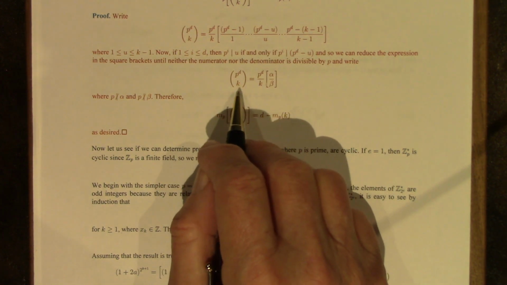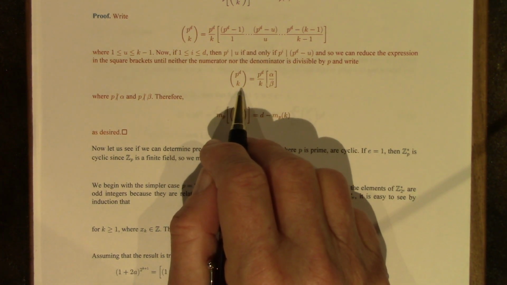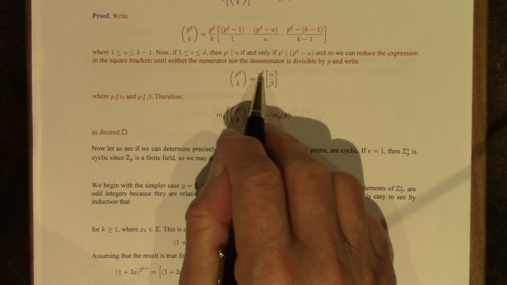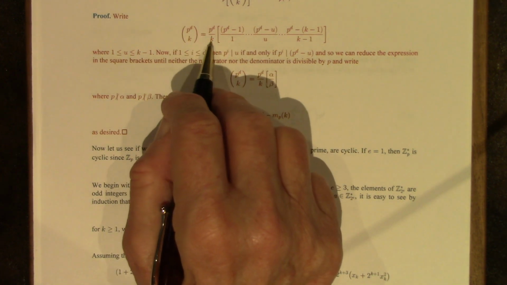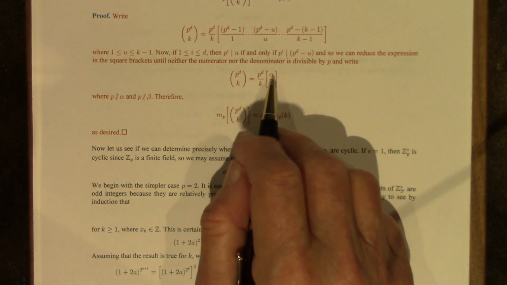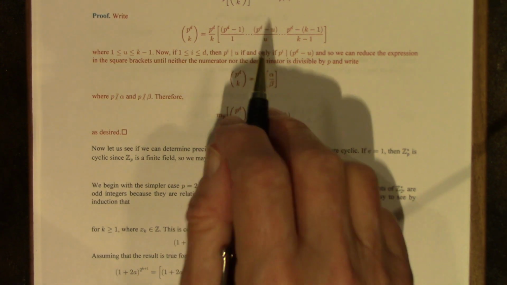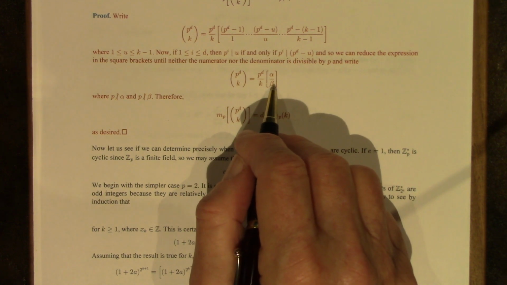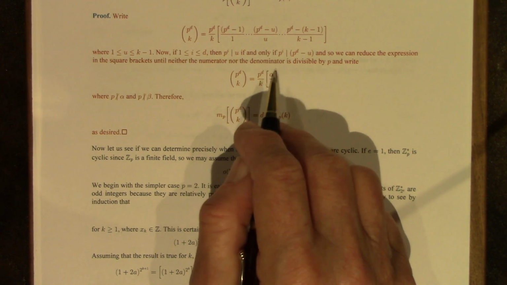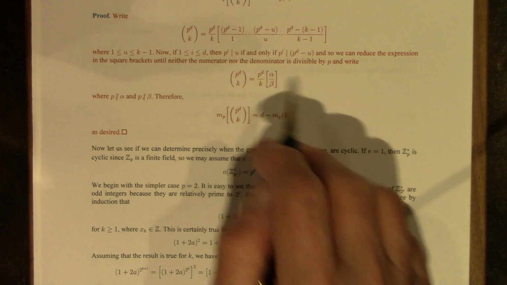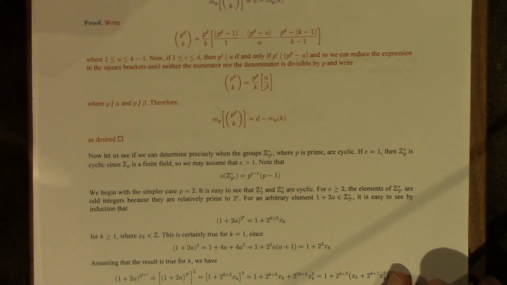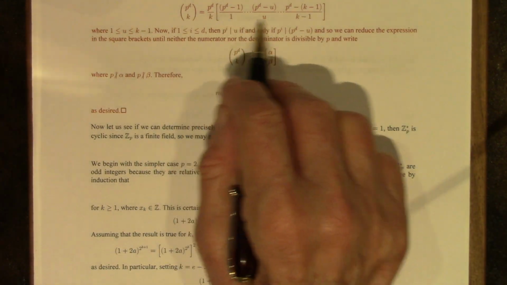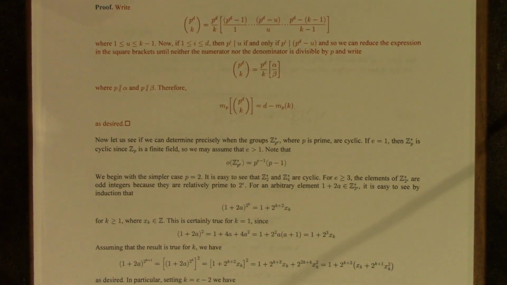That means that this binomial coefficient can be written in this form: p to the d over k, that's this first factor here, times an expression of the form alpha over beta, where p does not divide alpha and p does not divide beta, because we've cast out all the powers of p in all of these quotients.